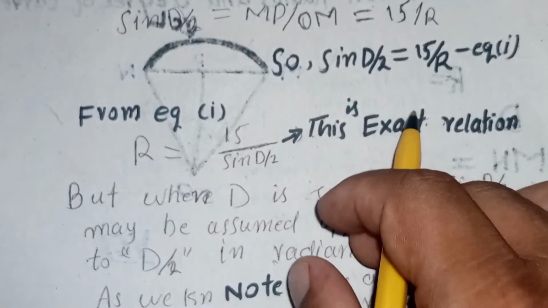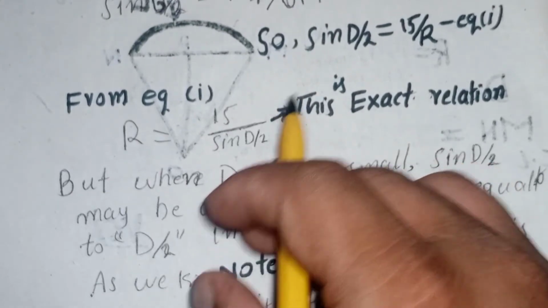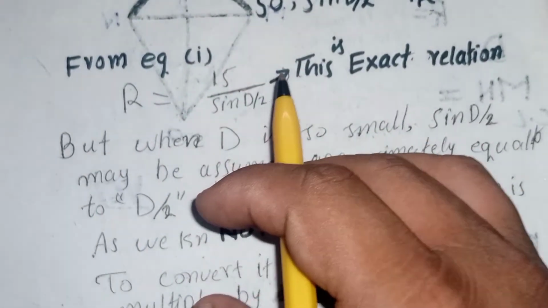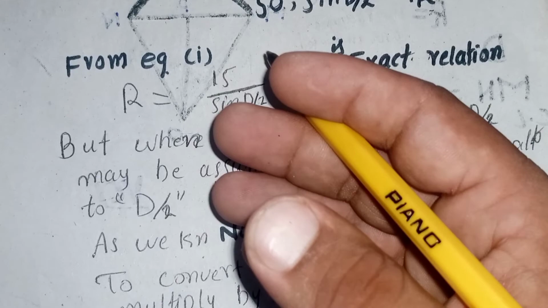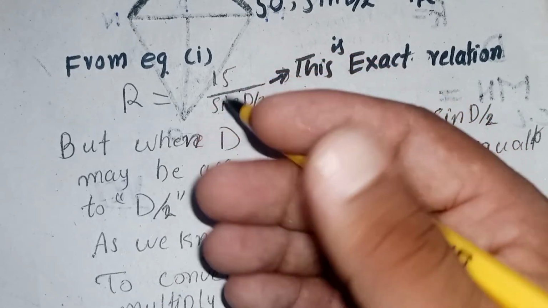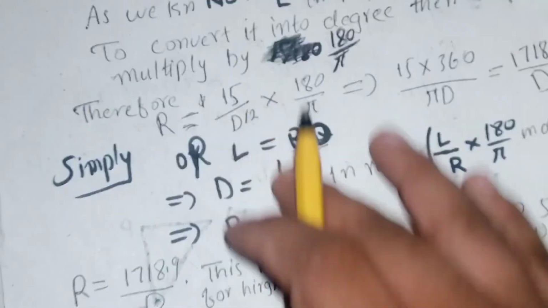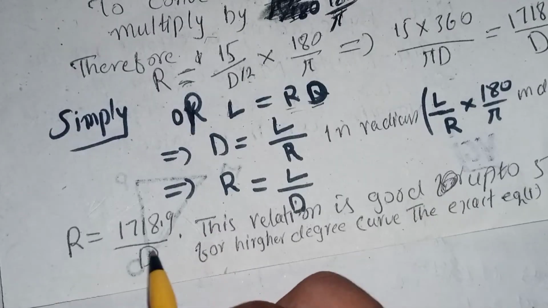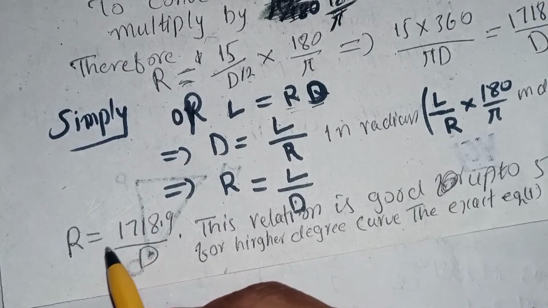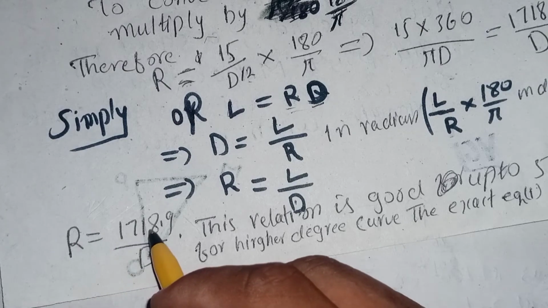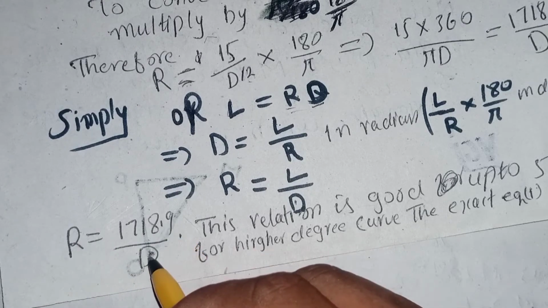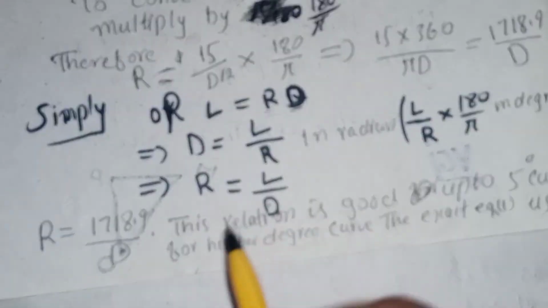So this is a simple calculation, and previously there was the exact relation which is used for higher curves. I mean that for a curve having more than 5 degree, we use that relation. But in simple calculation we use this simple relation: radius is equal to 1718.9 divided by degree.